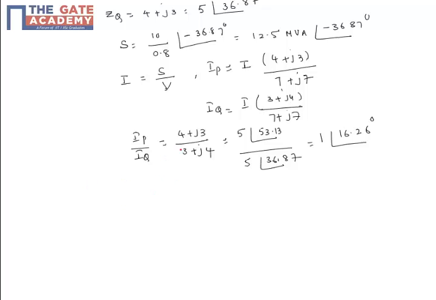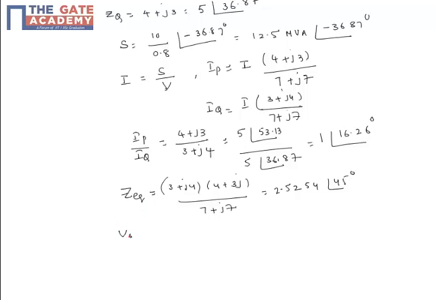Okay. Now find out the Z equivalent. Z equivalent is nothing but (3 plus j4) into (4 plus j3) by (7 plus j7). So this is 2.5254 at an angle of 45 degrees. Once you know Z equivalent, you can find out the equivalent drop.